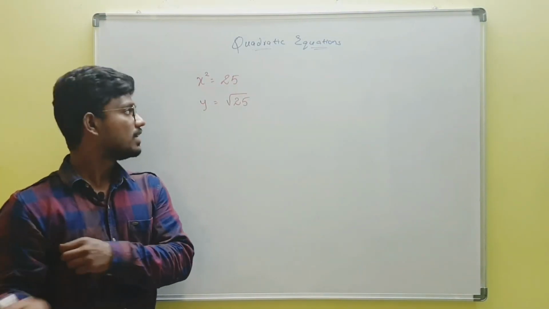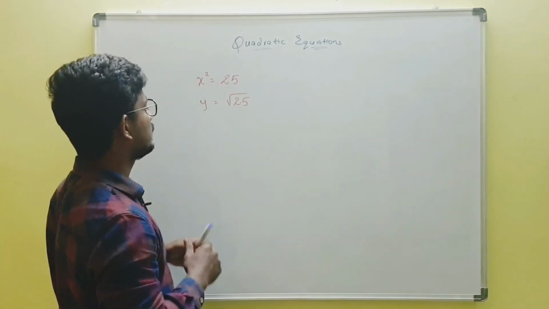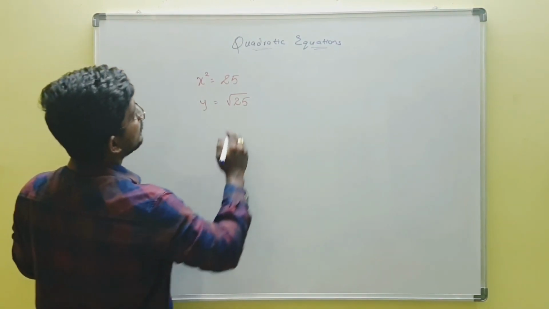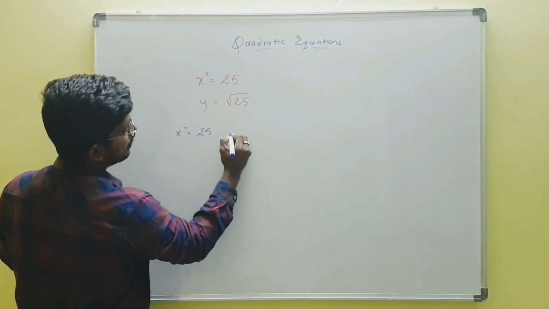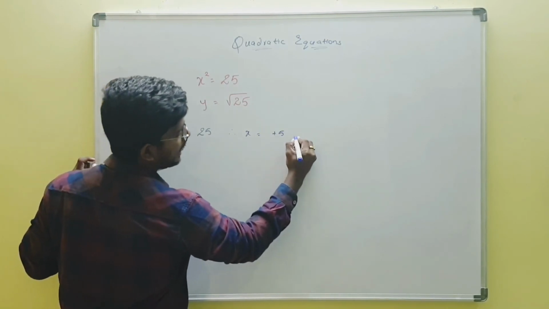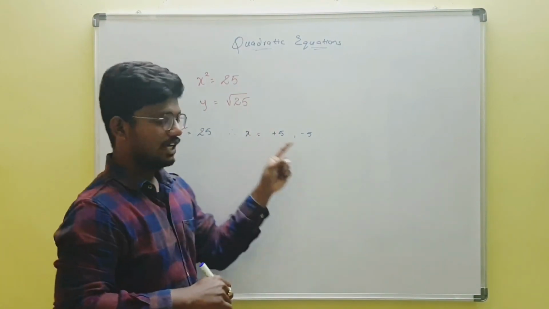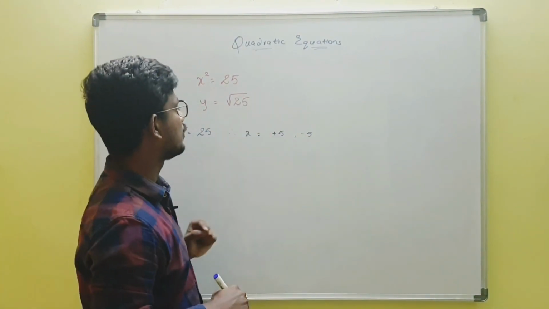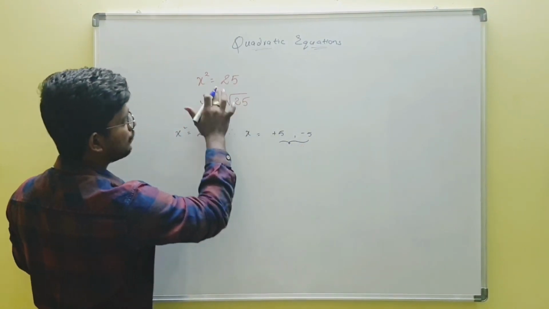Fourth example: x square is equal to 25 and the second equation is y is equal to root 25. See, x square is equal to 25, therefore the x value may be plus 5 or minus 5. Plus 5 square is also equal to 25 and minus 5 square is also equal to 25. So there are two chances, therefore there are two roots for x.